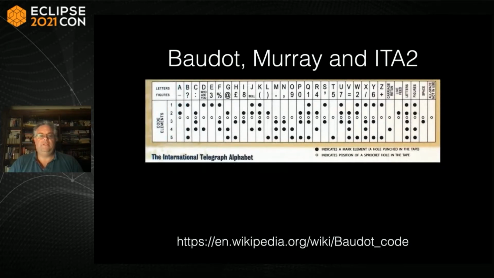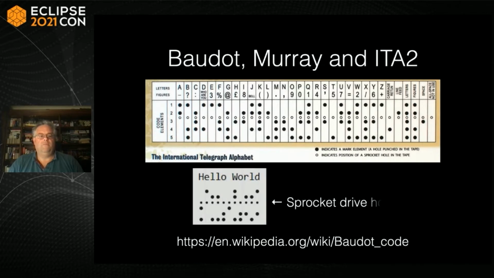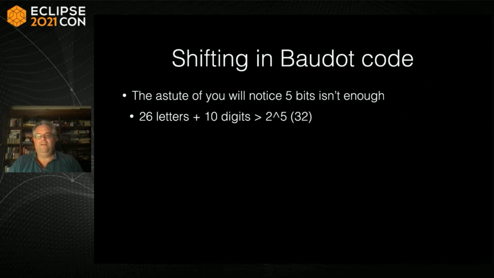There's 5 bits inside there, and a section of small holes down the middle, which are sprocket holes, and each of those letters is encoded with a sequence of bits. So this is how you would do hello world in telegraph code. Now, the astute of you will have noticed that 5 bits isn't enough to represent all of the characters and numbers in the English language.